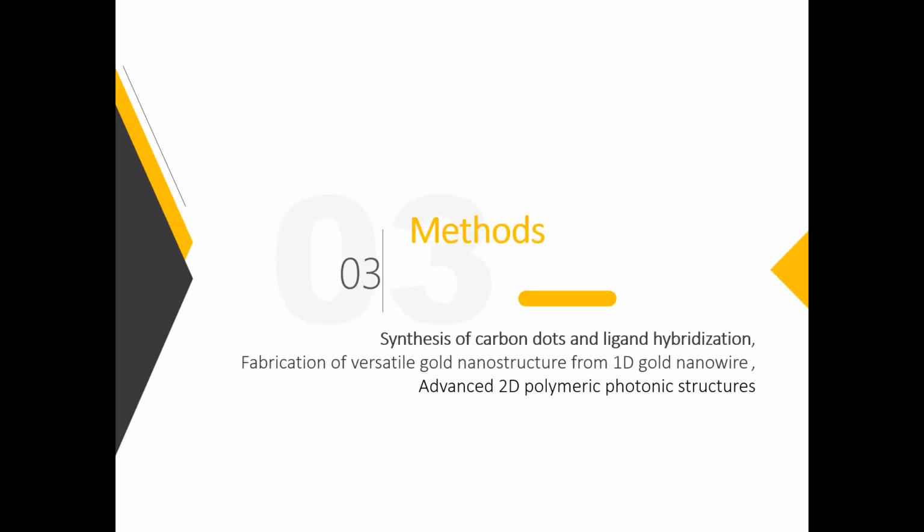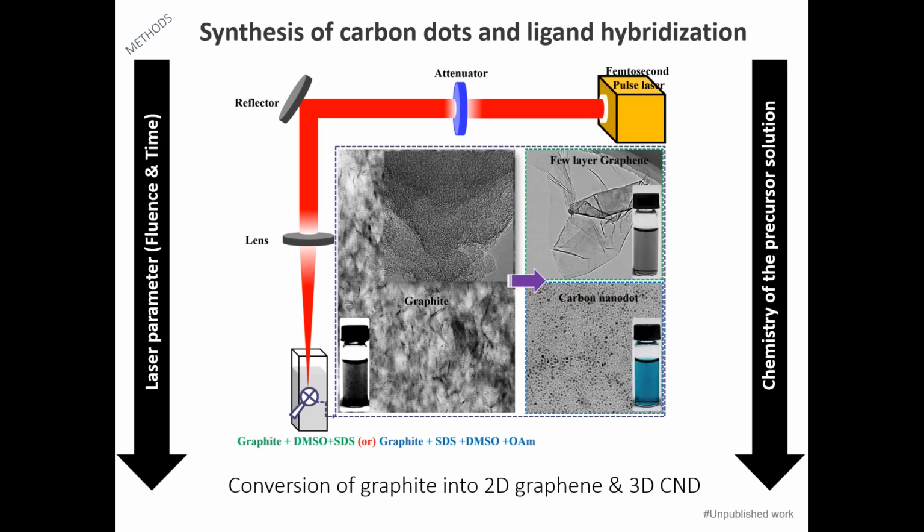So the methods. The first example is synthesis of carbon nanodots and ligand hybridization. Here is a typical schematic diagram of how we designed the experiment. Here is the femtosecond laser, attenuator and reflector. This is the optical path and the focusing lens.